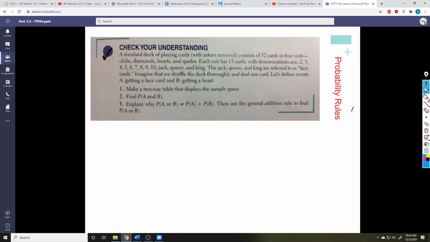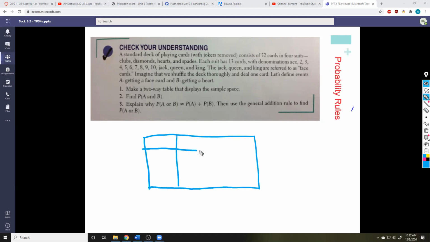So I want you to start by making the two-way table. Read up on what event A and event B are, and hopefully from there, you should be able to get this.